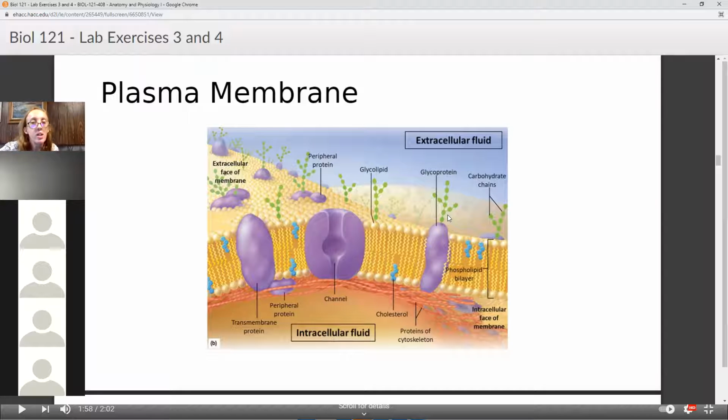In the case of a glycolipid, the carbohydrate or the sugar is attached to a lipid, or a fat, an oil. In the case of a glycoprotein, the carbohydrate or the sugar is attached to a protein.